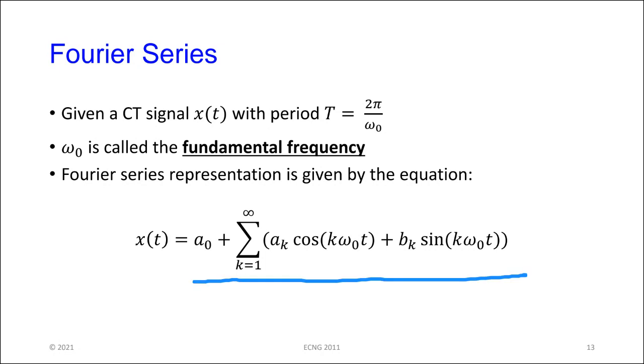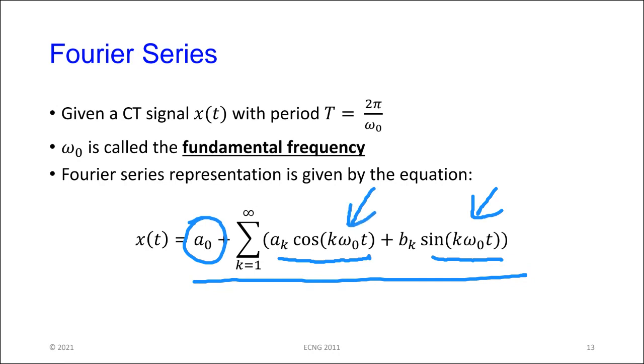So any continuous time periodic signal, once you have the period, in terms of something called its fundamental frequency, which is the base frequency in it, you could take the signal now and express it as a constant plus a sum of cosines and a sum of sines. All of them are multiple frequencies of the fundamental.